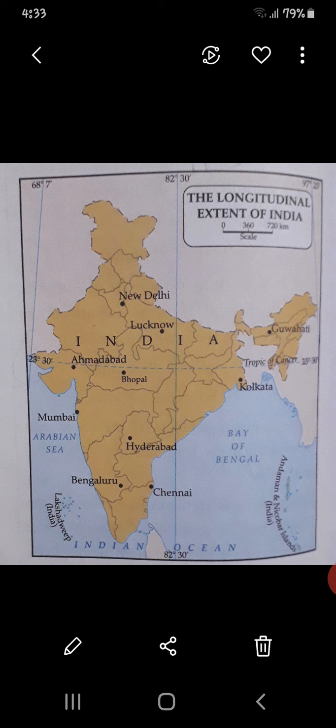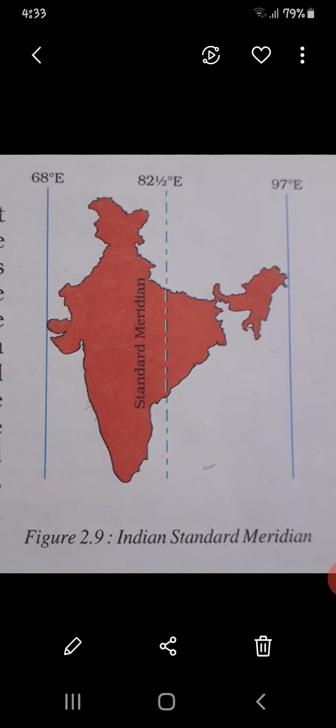So, in India, the longitude of 82.5 degrees east, which I have shown you here as 82 degrees 30 minutes east, is treated as the standard meridian. The local time at this meridian is taken as the standard time for the whole country. So, it is known as the Indian Standard Time, or IST in short.